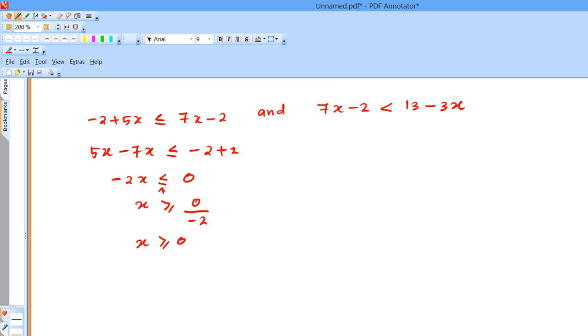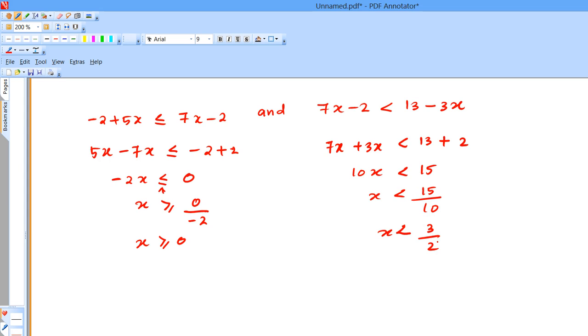And the second inequality: 7x plus 3x less than 13 plus 2, or 10x less than 15, or x less than 15 over 10, which simplifies to x less than 3 over 2.